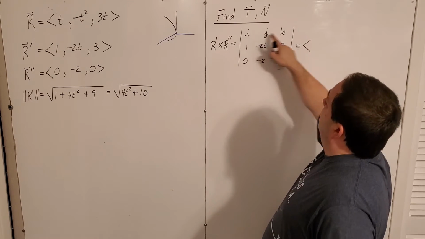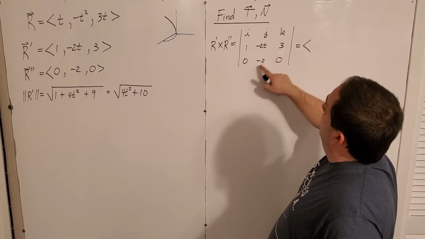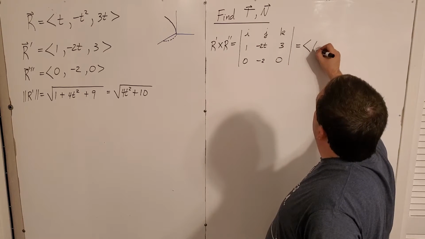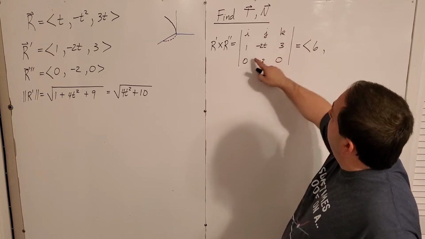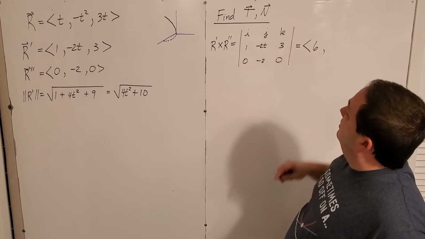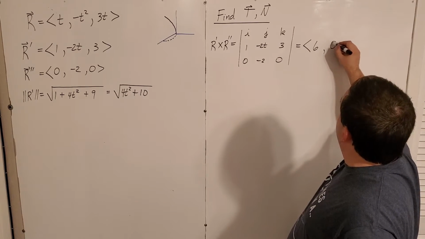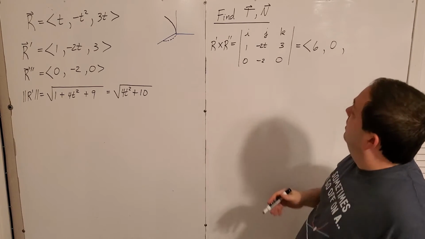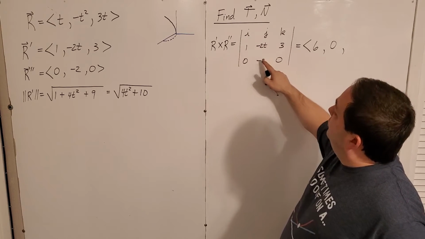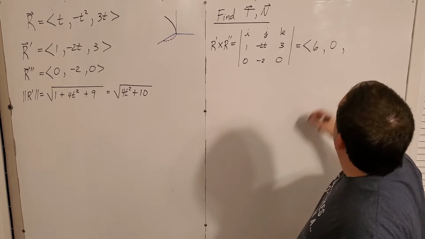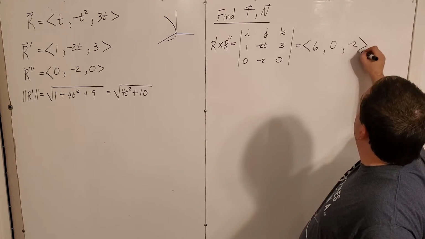In my i direction, I have 0 minus negative 6, so 6. And then in my j direction, I have 0 minus 0. Doesn't matter that it's alternating, it's 0. Then in my k direction, I've got negative 2 minus 0, so negative 2, right?